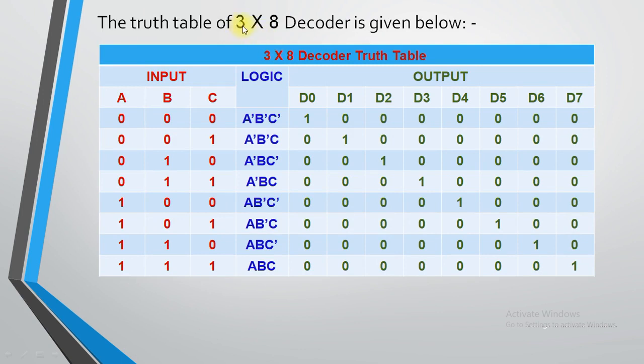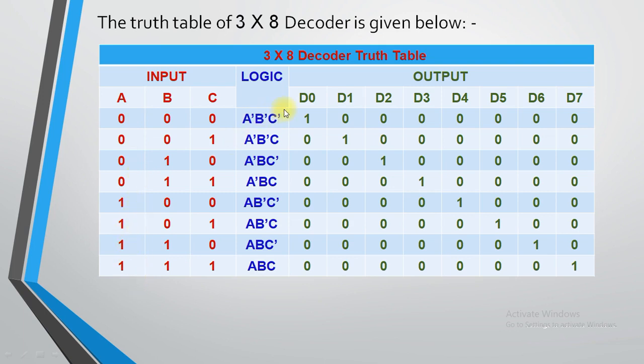This is the representation of the 3 by 8 decoder. It is given here below, the 3 by 8 decoder truth table. Input combinations A, B and C: 0101, 0011, 4 times 0, 4 times 1.